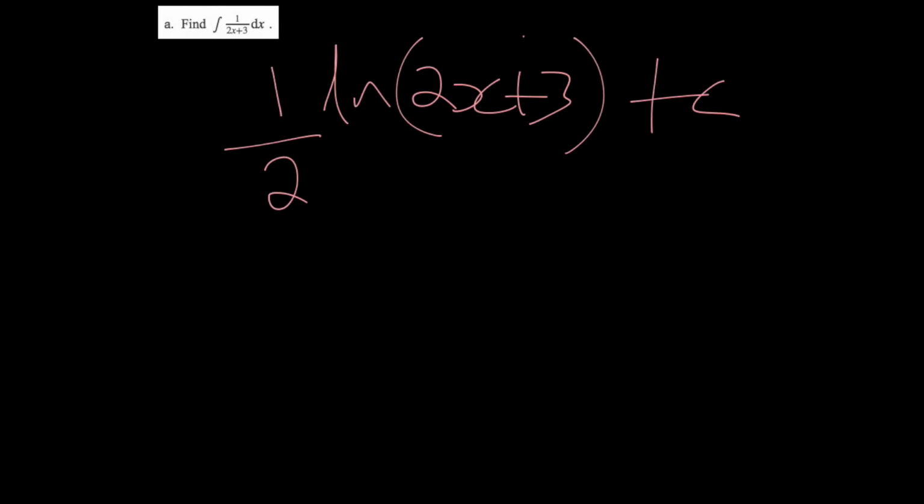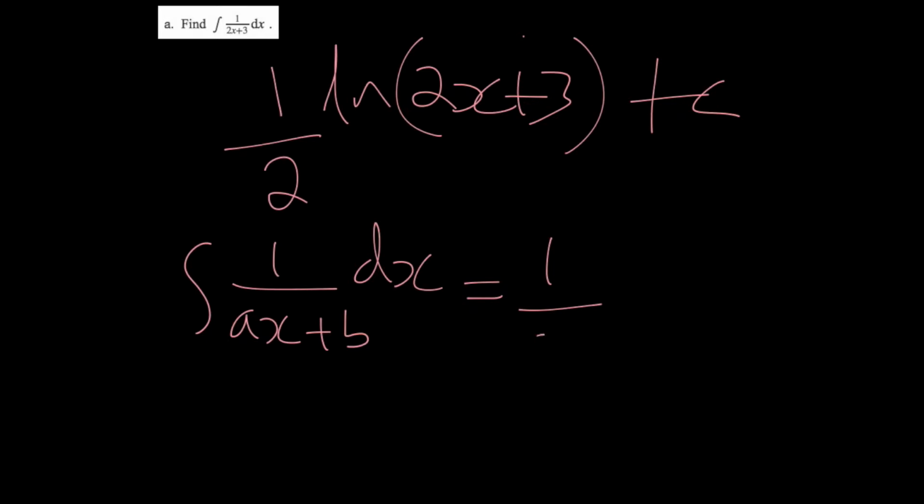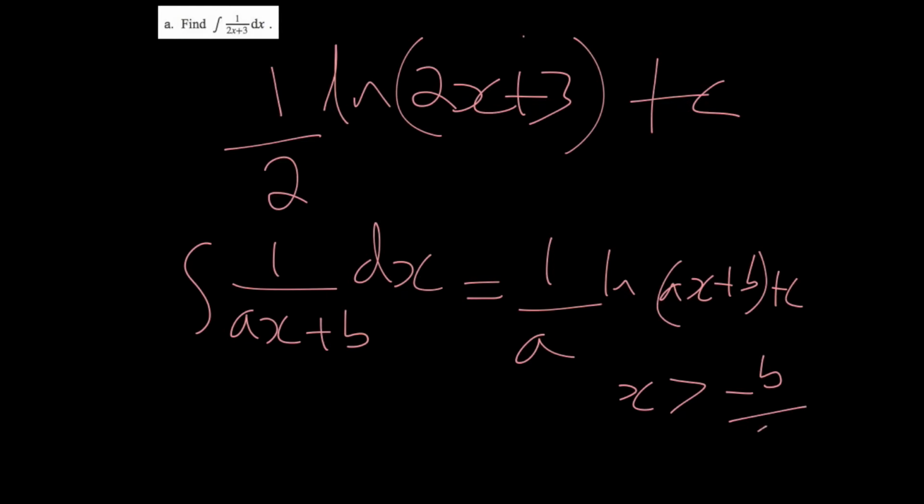Now I could have just done that straight away using the general formula, which you will have in your exam booklet. So if we have 1 over ax plus b, and we're integrating that with respect to x, we could just substitute it straight into the general formula, which is going to be 1 over a ln ax plus b plus c, where x is greater than negative b over a.